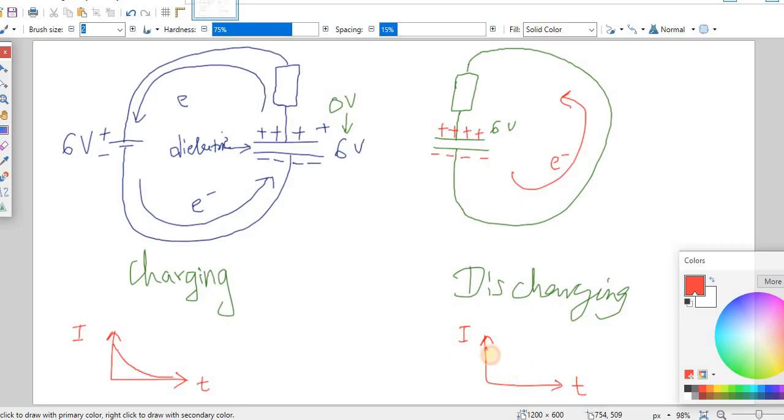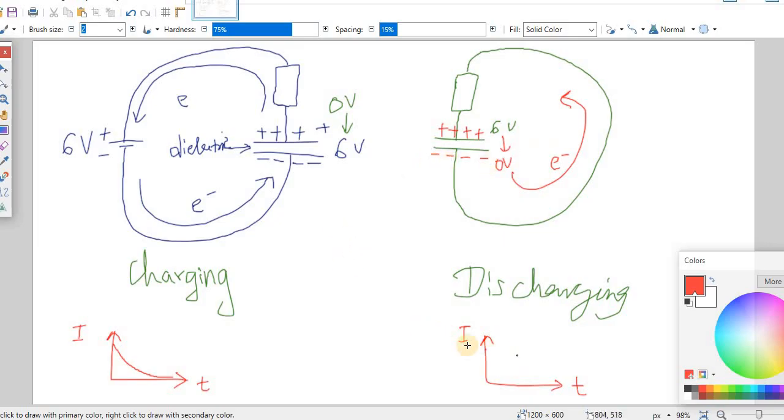Eventually when the capacitor is fully charged, there won't be any flow of charges. And when it is fully discharged, that means it goes from 6 volts to 0 volts, so with 0 volts there will be no flow of charge.